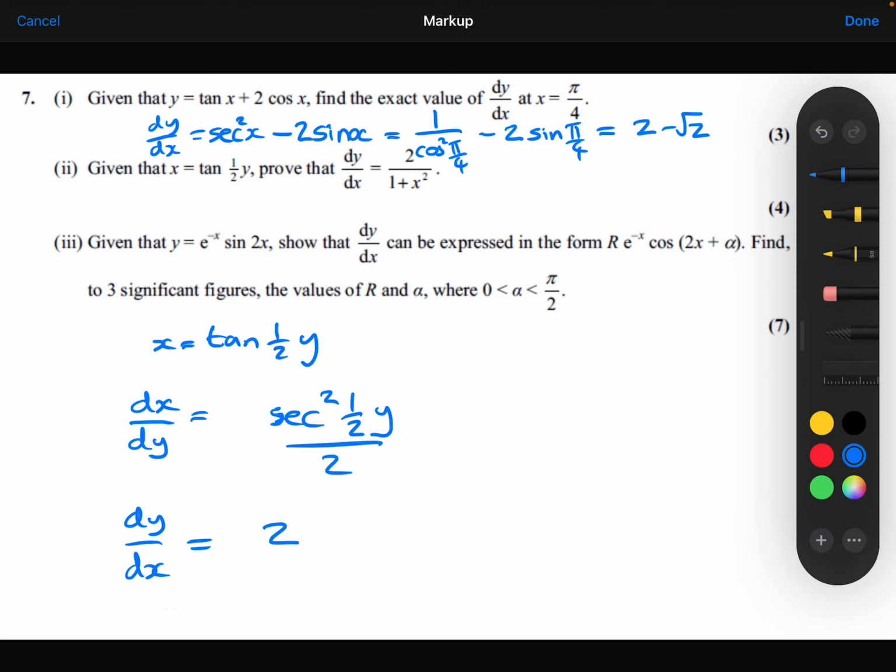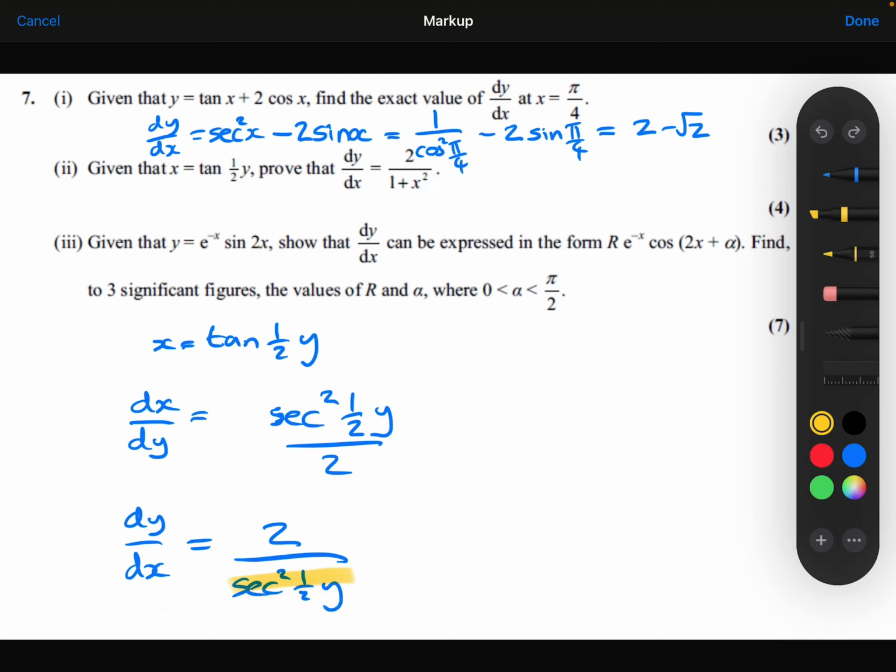So the reciprocal of that then will be 2 over sec squared half y. Right, I've got the 2 on the top, so that matches up with what I'm trying to show. I just need to try and show now that sec squared 1/2 y is the same thing as 1 plus x squared.